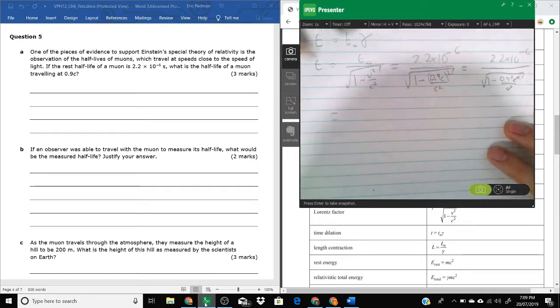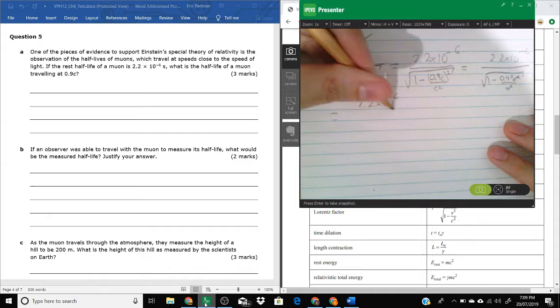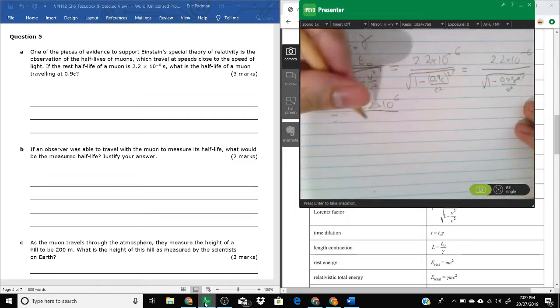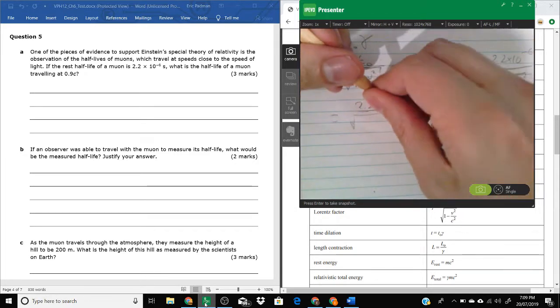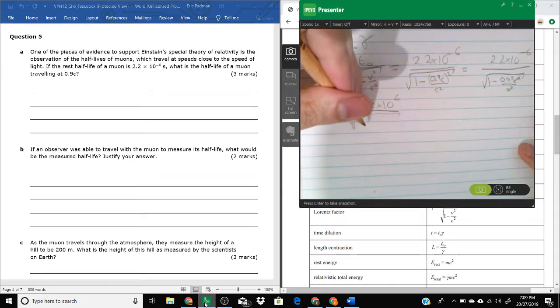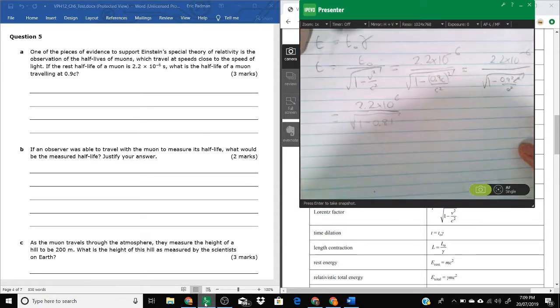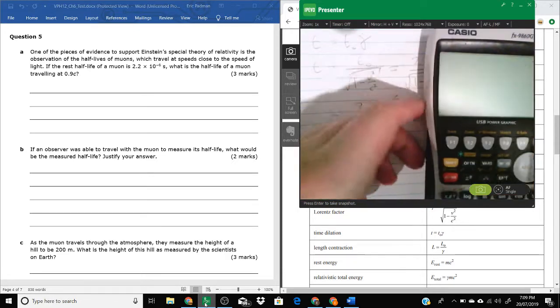So 2.2 times 10 to the minus 6, over the square root of 1 minus 0.81. This is a good point to put it in the calculator and work that out.